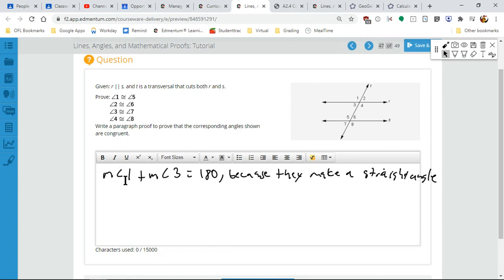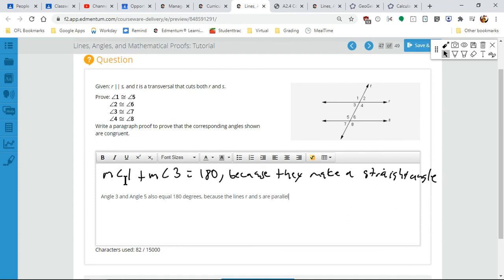All right. And then we're also going to say that angle 3 and angle 5 also equal 180 degrees because lines R and S are parallel.